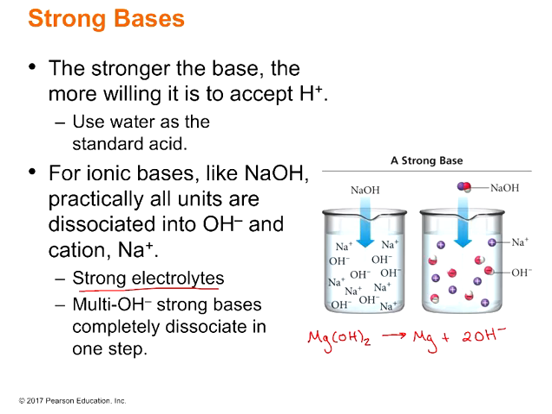And this is in contrast to a diprotic acid, which has 2 hydrogens attached. For instance, carbonic acid is not going to lose both hydrogens at once. It's going to lose one hydrogen at a time.